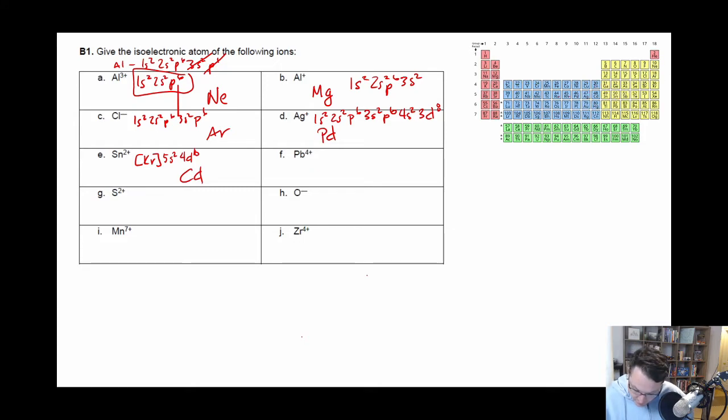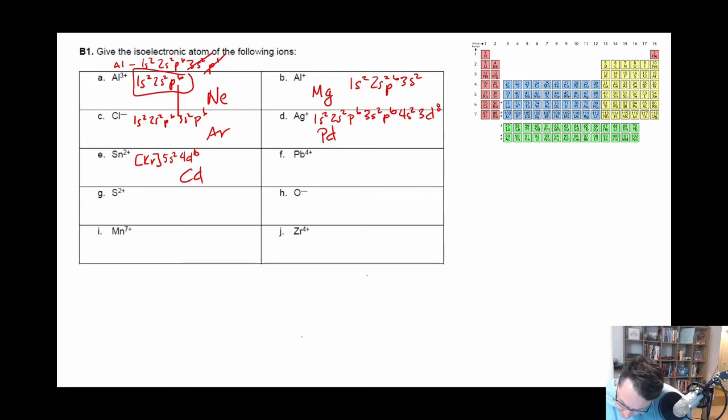If we go to Pb4+, we do the same thing here. We simply move 2 over from cadmium, because we can say that we're going to take 2 electrons out of the 4d orbitals in that case. And that puts us at, oh wait, did I mess up?